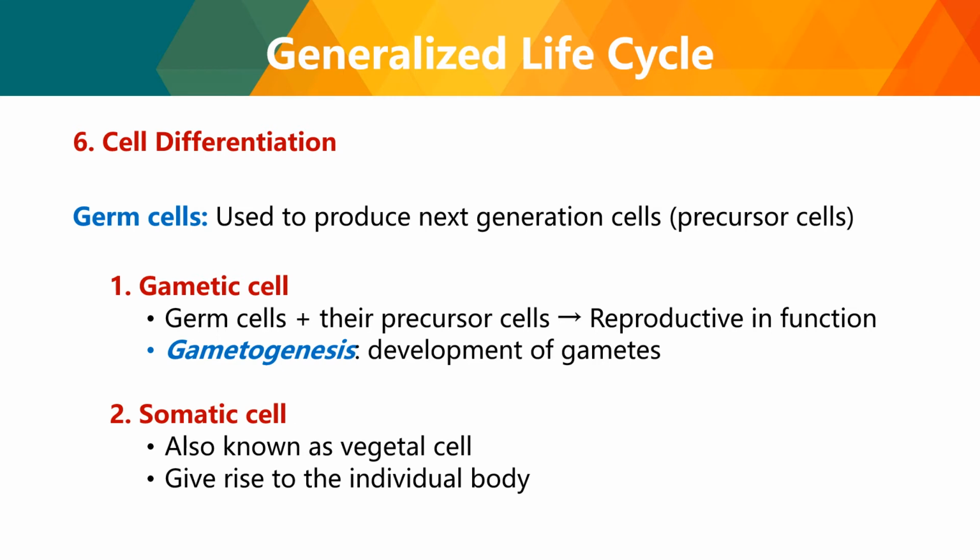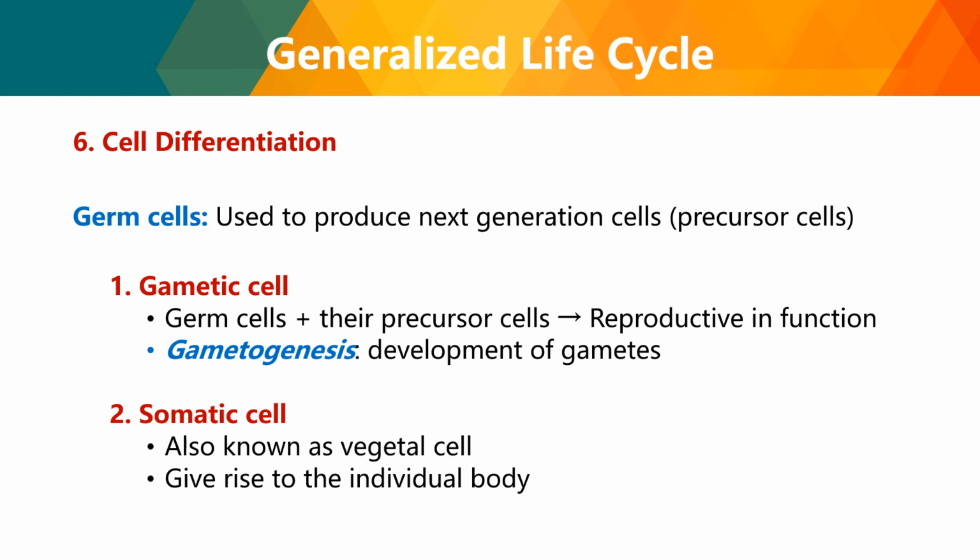So for the germ cells, there are actually two types of cell being generated. So the first one is what you call the gametic cells. This includes the germ cells plus their precursor cells, and they produce the reproductive functions, or they are used for the reproductive functions of organisms.